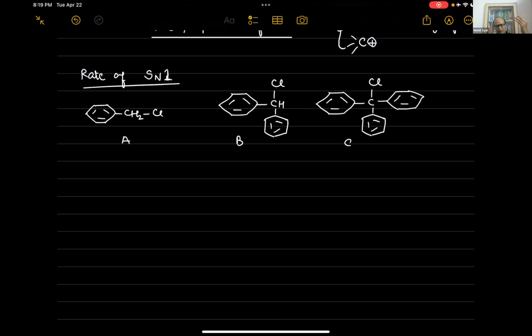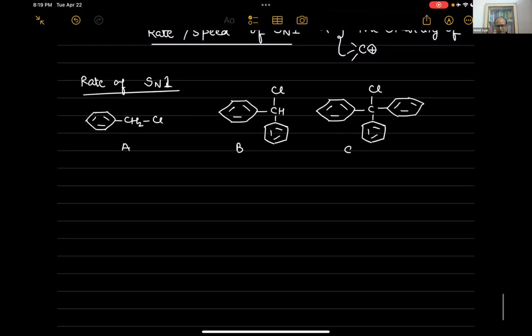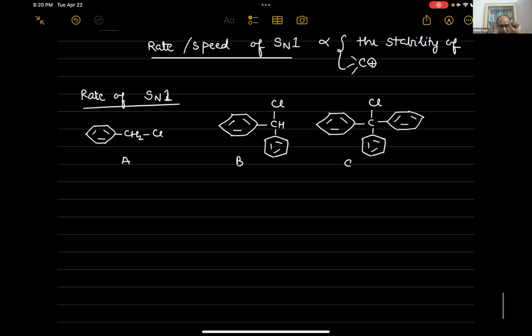So Cl minus of A, B, and C, all three are the same. So now the whole responsibility comes to the cation, the C plus, which is left behind. And C plus is actually a benzylic cation because it is adjacent to the carbon atom having the benzene ring.